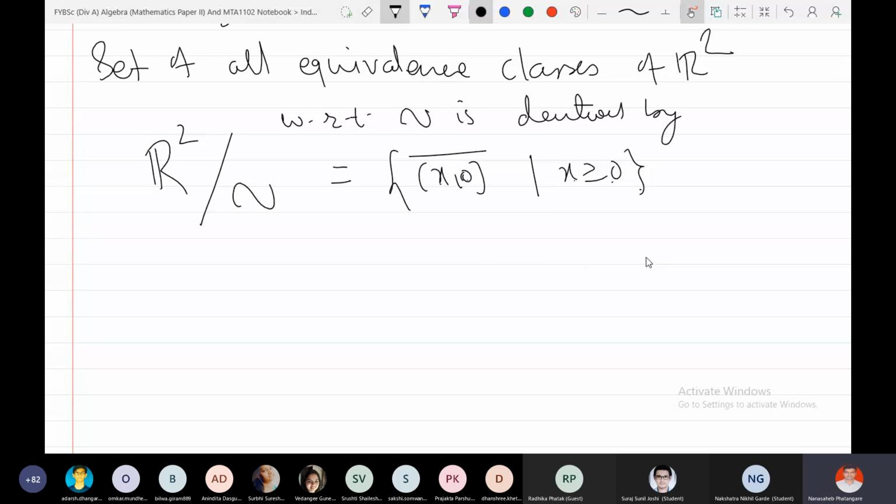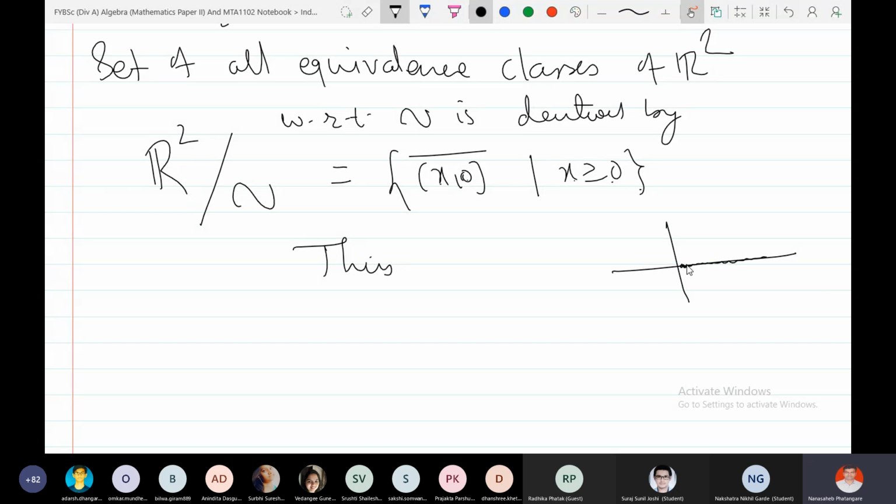Right? And in some sense, this set. Now, how many classes are there? How many distinct equivalence classes will you get in this way? Infinite. That is correct. But how many numbers are on the positive x-axis?